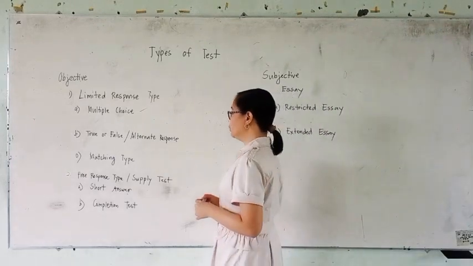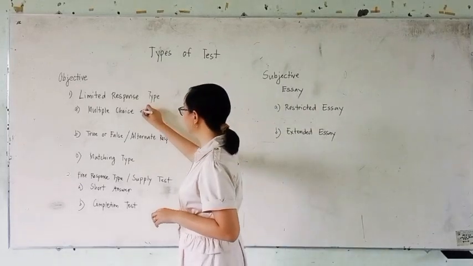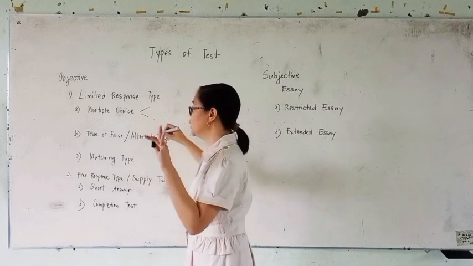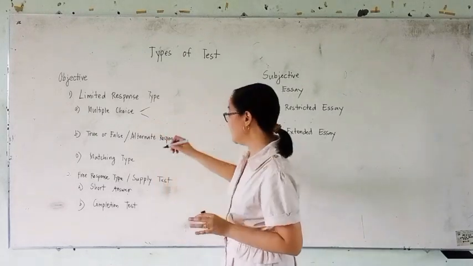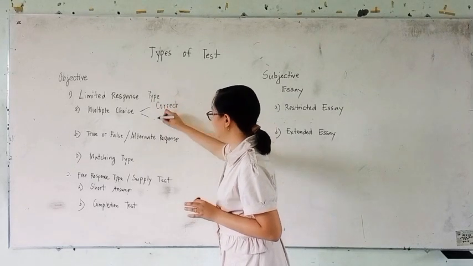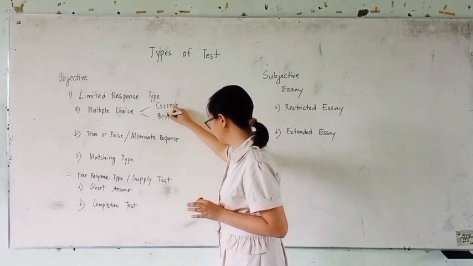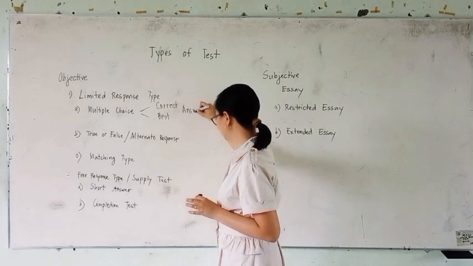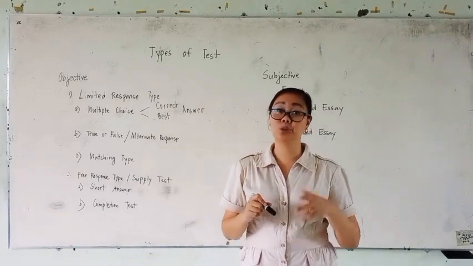Now, for the multiple choice, we have types. We have 2 types, and the types are keyed as correct answer, and the other one is the best answer. The first type is to choose the correct answer, while the second type is to choose the best answer.